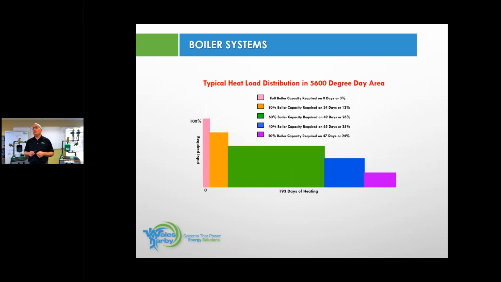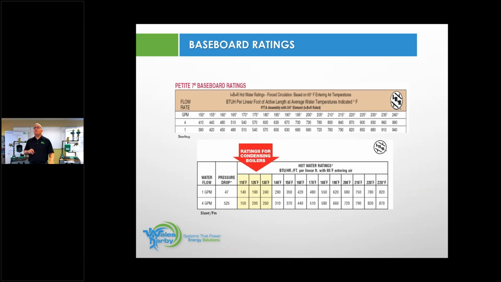Okay. Always do the heat loss. Be aware, take advantage of it. Best sales tool you have, and it'll help you fix a lot of problems. What we're showing you here is baseboard ratings. Every single baseboard manufacturer gives you a chart, and it'll tell you, based on your input water temperature, how many BTUs you will get per foot.